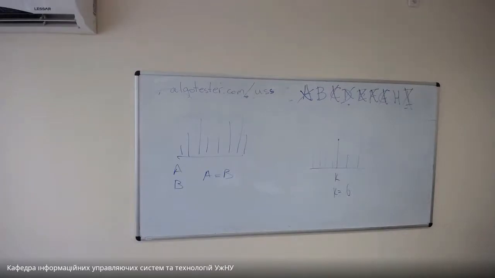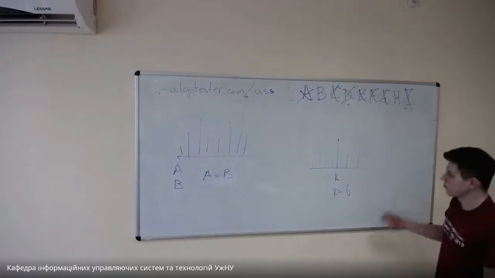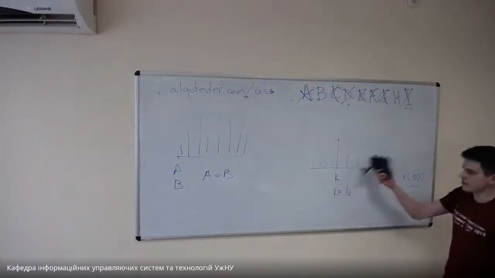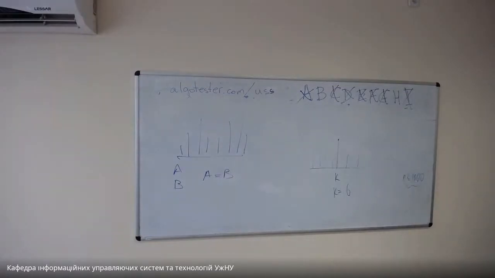From this you can follow to a dynamic programming solution, but since our constraint is 1,000, most probably this won't work, because it would be too slow. But you can derive some solution from just this observation.